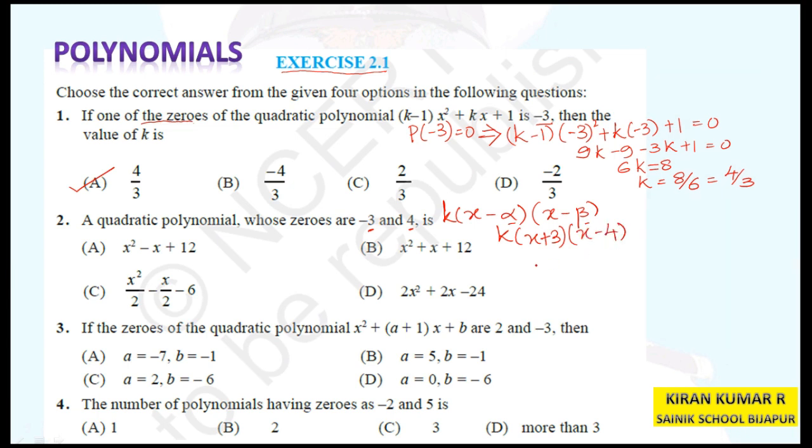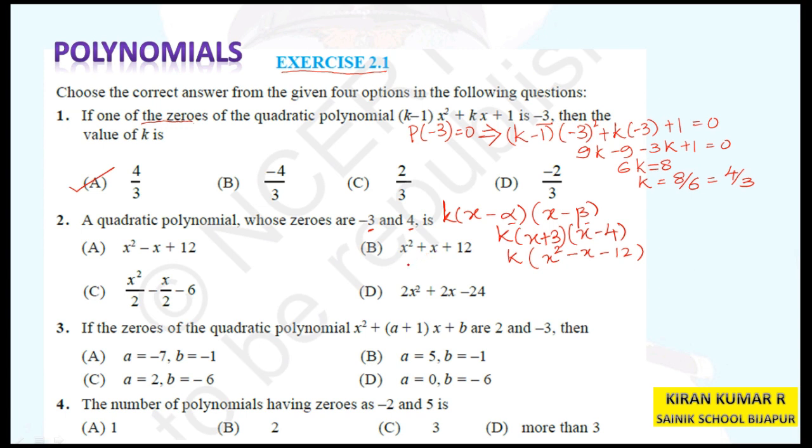Further you multiply, we will be getting k times x square minus x minus 12. Do we have this option? X square minus x plus 12 is not there. Second one is x square plus x, it's not there.